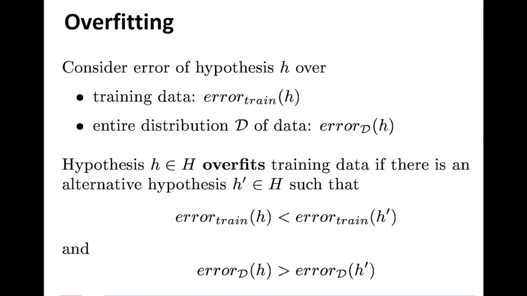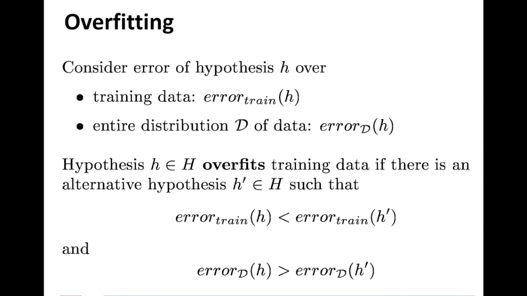So, formally defining overfitting, if there is an error that you measure on training data for your constructed tree, which is hypothesis H, then you have D, which is the entire distribution of data.